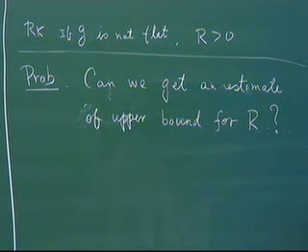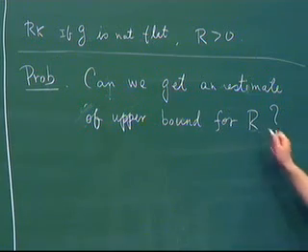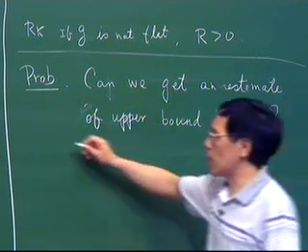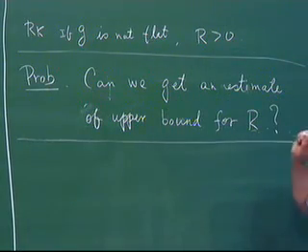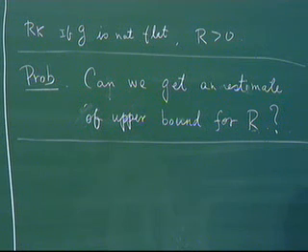Usually we will see that a rough upper bound for R can be obtained by estimating the potential function of the soliton. Okay. And the problem. If there is no problem, I will go to a special case.